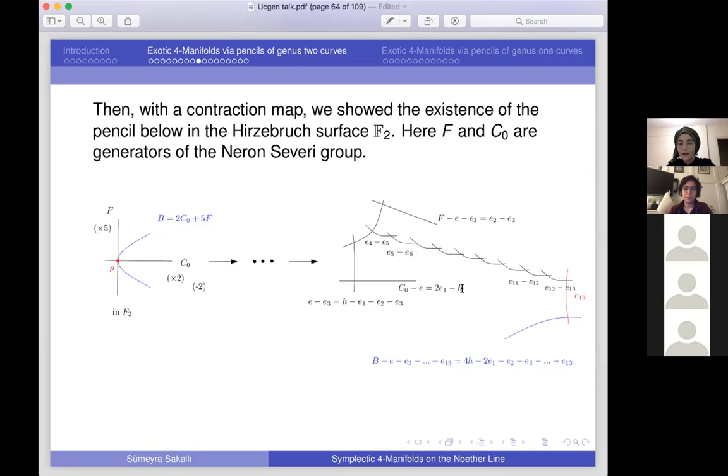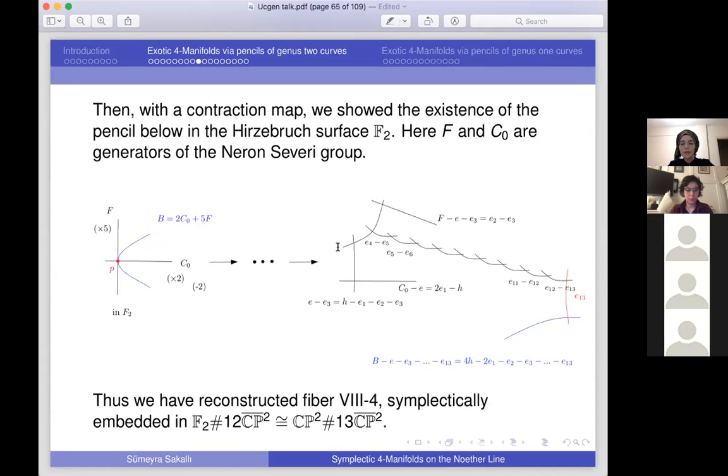And on the other hand, remember, we had this curve B here, and it is blown up many times. In fact, it is a quartic blown up 13, 14 times. And by using the adjunction formula, you can show that this blue curve is a genus 2 curve, in fact. So it is just a generic fiber of the fibration. And great, so I have reconstructed one singularity coming from the list of Namikawa-Ueno.